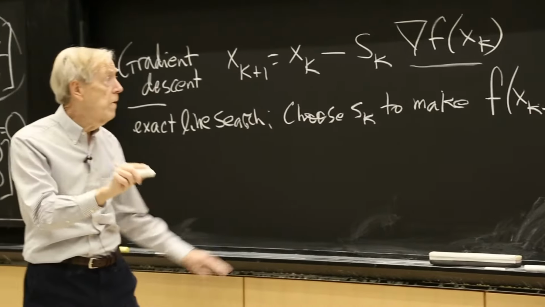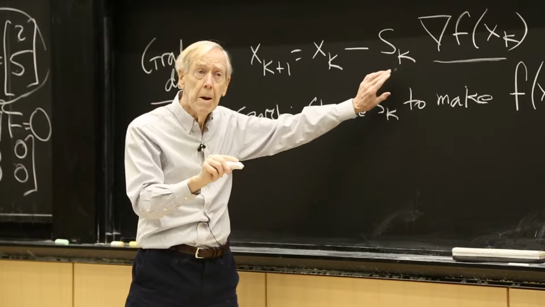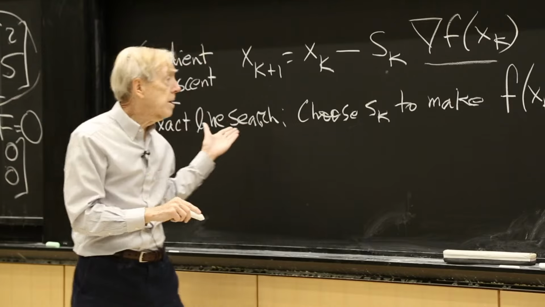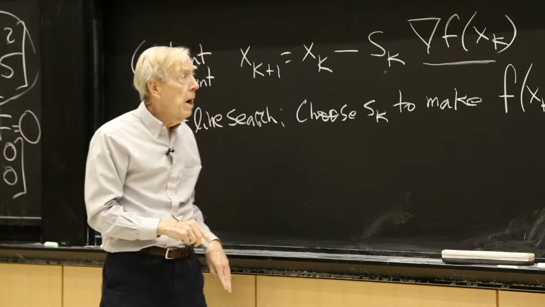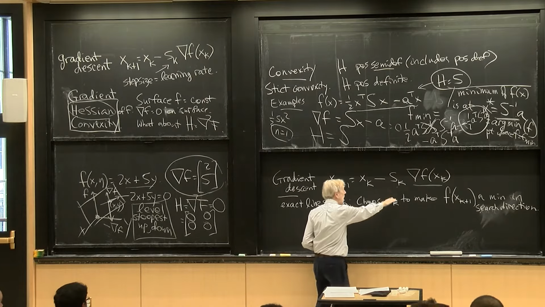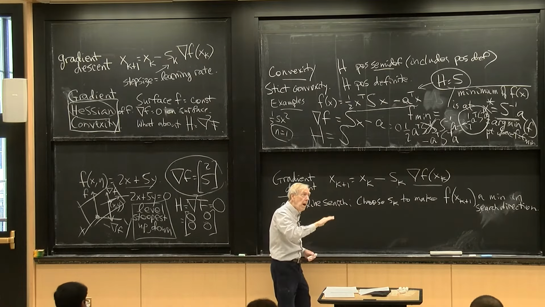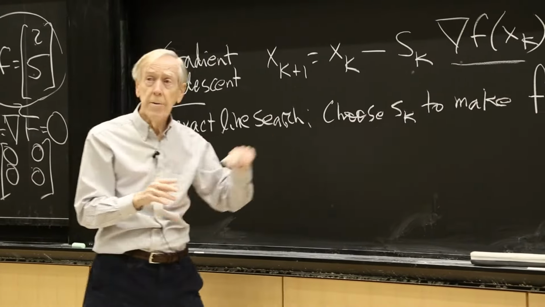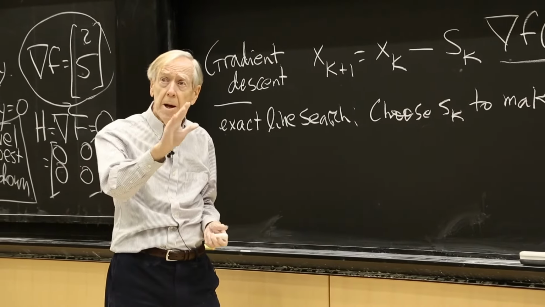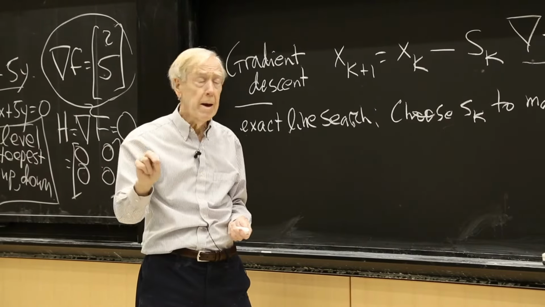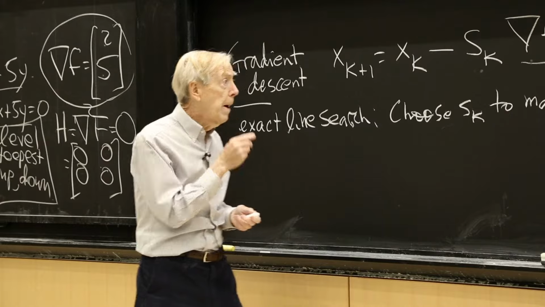That's the direction we're moving. This is the distance we're moving, or a measure of the distance we're moving. And an exact search would be to go along there. If I have a convex function, then as I move along this line, as I increase s_k, I'll see the function start down, because the negative gradient means down, but at some point it'll turn up again, and an exact line search would find that point and stop there.